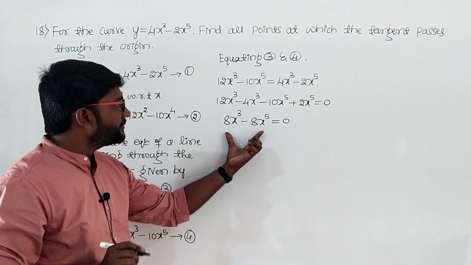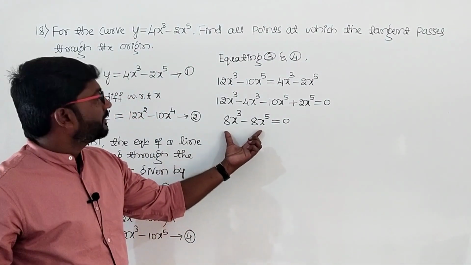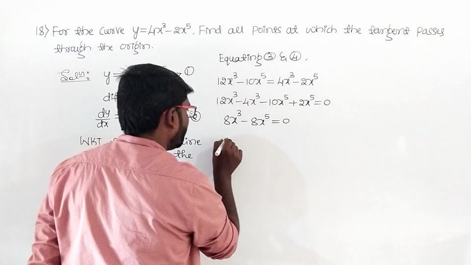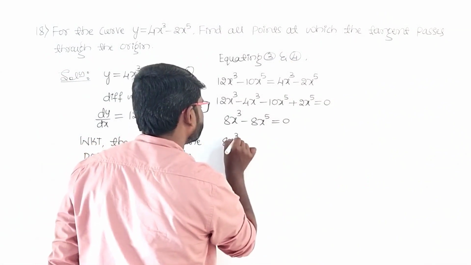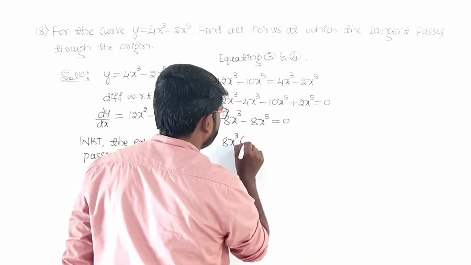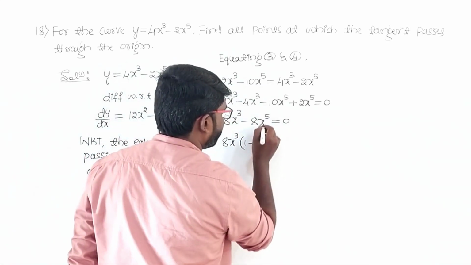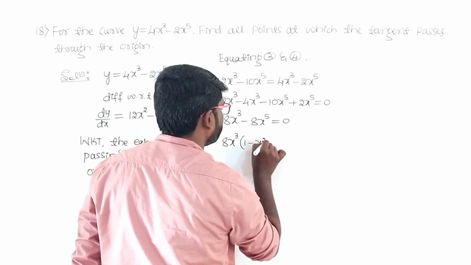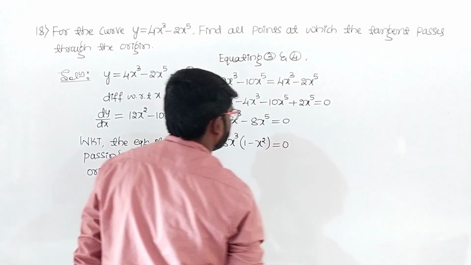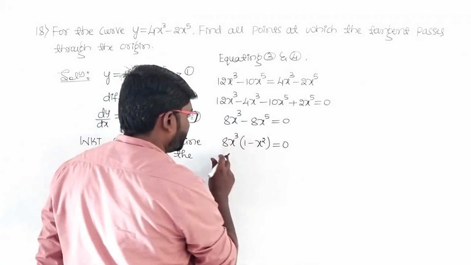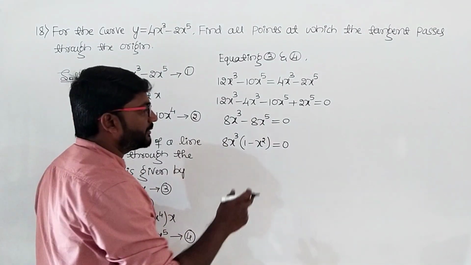Now in these two terms we can take 8x cube common. You get 8x cube into 1 minus x square equals 0. Take 8 to the RHS, it goes to the denominator, and it becomes 0.